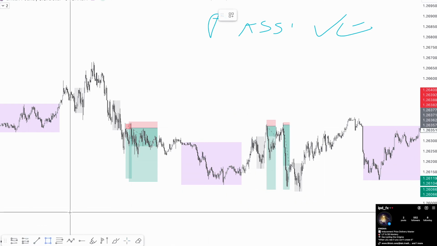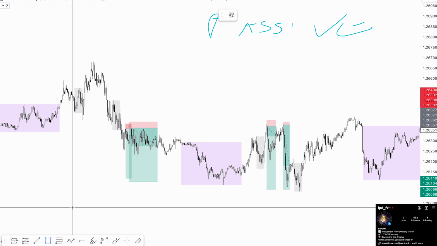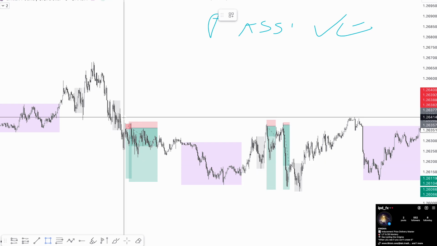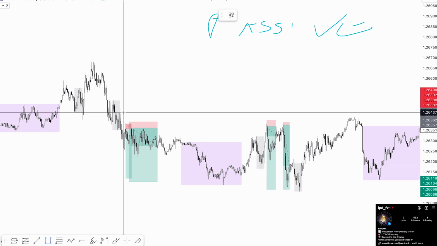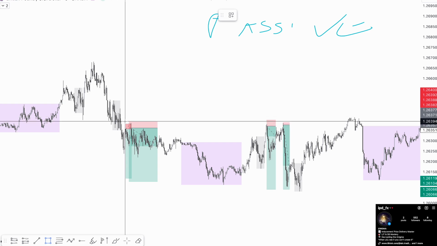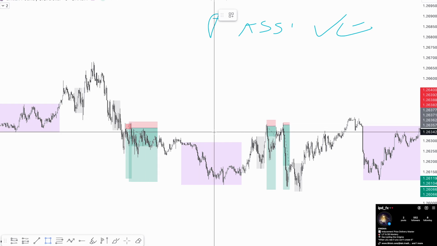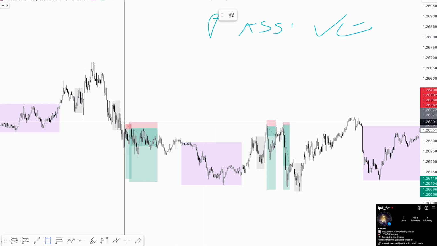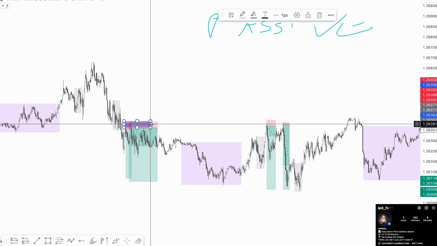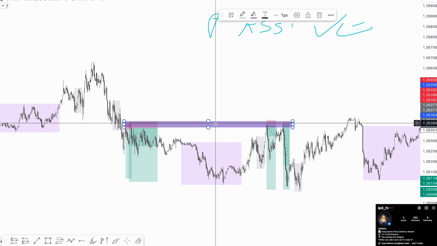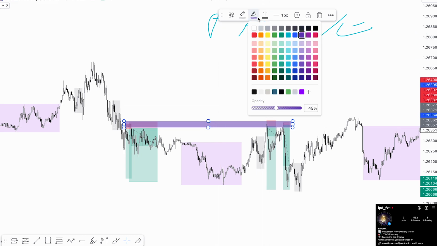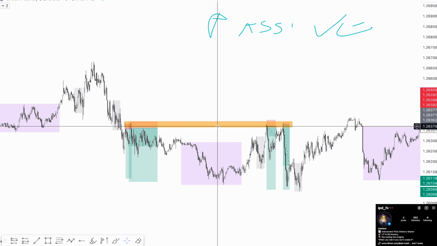If we imagine we have a heat map, where we can see the order book, this is our heat map. Where will we have the liquidity, the stop losses? Here. This can be the first level, and let's say we color it orange.